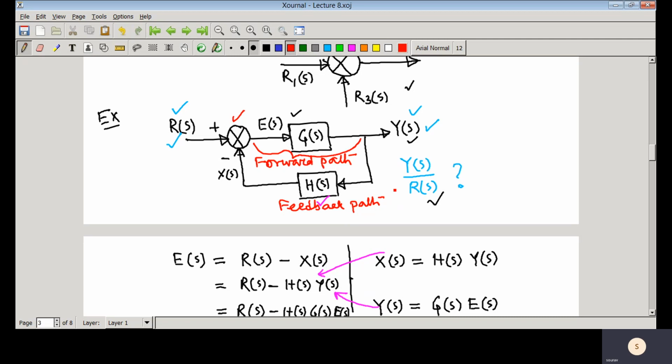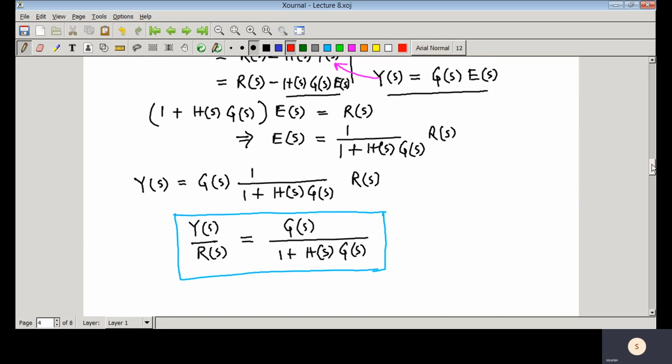So now if you have a closed loop block diagram, closed loop control system like this, whose forward path transfer function is G(s) and feedback path transfer function is H(s), then what is the transfer function from reference input to output? We have derived it here, and you can see that G(s) divided by 1 plus H(s) G(s).